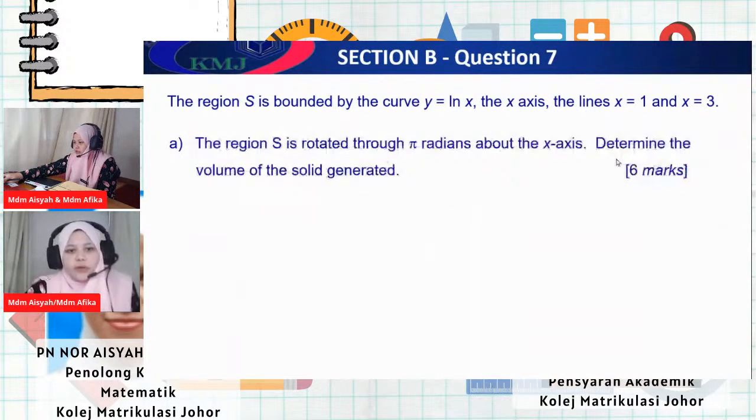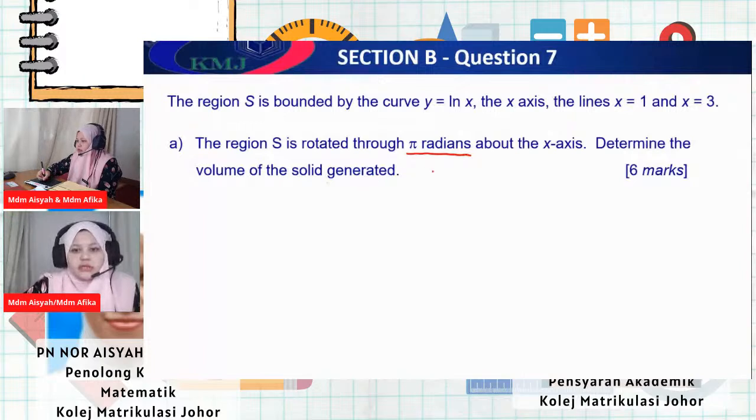Okay, for question B, the region S is rotated through pi radian. Determine the volume of the solid generated. Now you have to be careful with the question. As you know, pi radian is 180 degrees. Why?